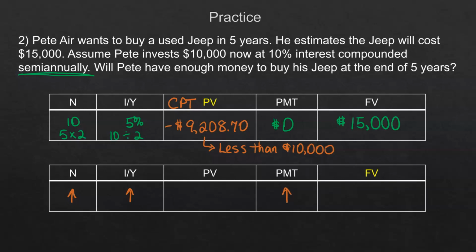But now we're going to put in, we're investing $10,000, and we're going to see how much that grows to. So this time we compute future value. Okay, so change your present value to negative 10,000 and then compute future value, and you should get $16,288.95, which tells me for sure that yes, he's going to end up with this $15,000, right?